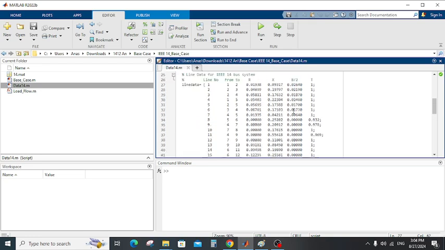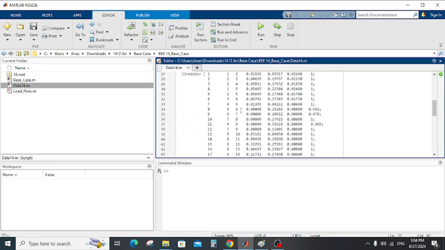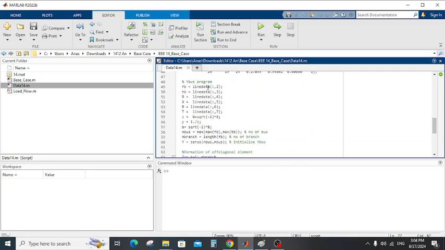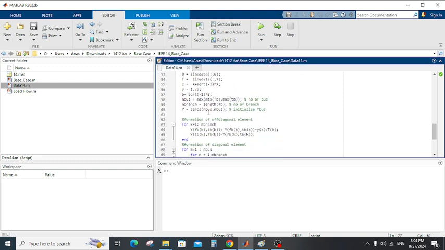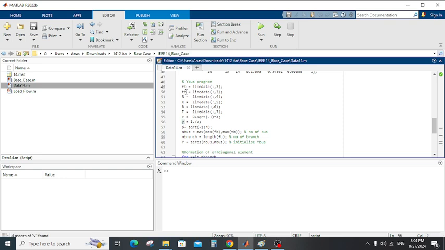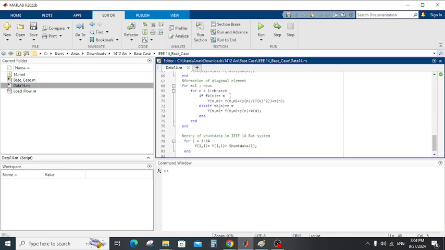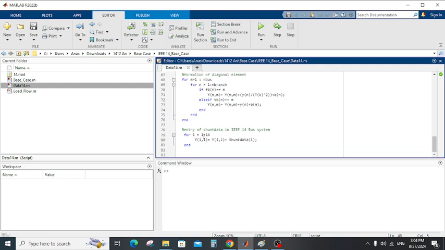This is the line data, and after that we prepare the data and the Y bus admittance, which is used in the load flow. The output from that is the Y admittance of the system.